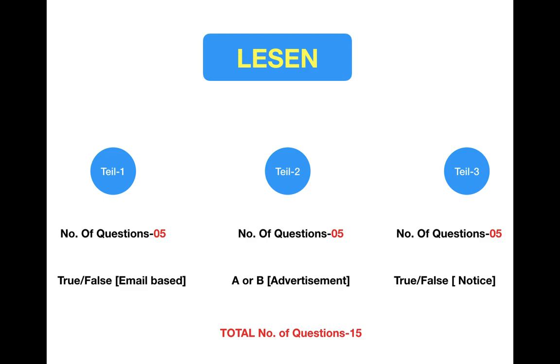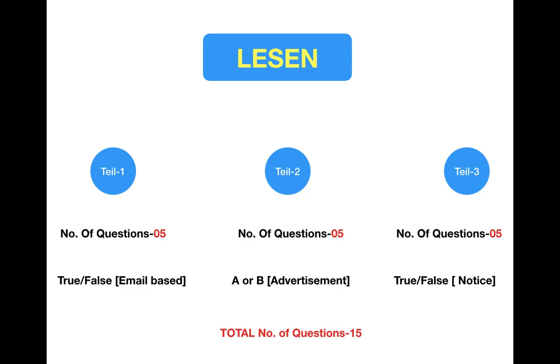As I said, 5 questions in this Teil 1, true false nature, and 2 emails. Then you need to read the email and mention either true or false for the statement.